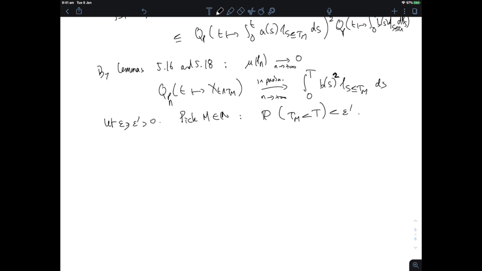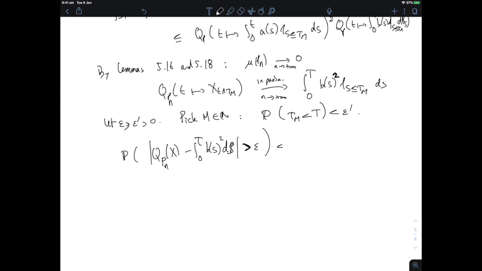And once you have that, and that's why all these statements are in probability, you can look at the probability that the quadratic variation of x minus the integral from 0 to capital T of bs squared ds is greater than epsilon. And there are two possibilities: either your tau m is before capital T or it's not.